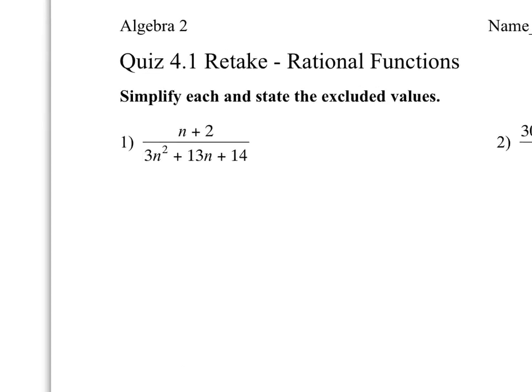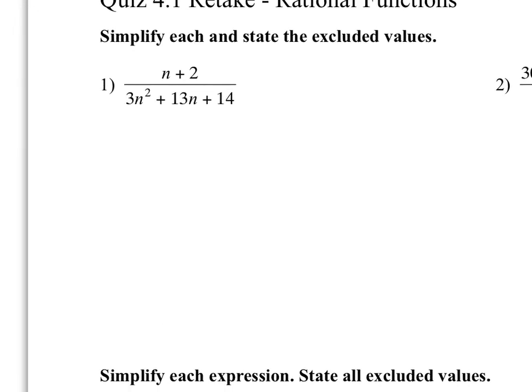I'm looking at number 1 real quick, and I noticed that the bottom of this fraction needs to be factored. So I'm going to go ahead and do that really quickly. I'm going to do 3n squared and 14, so that multiplies to 42n squared.